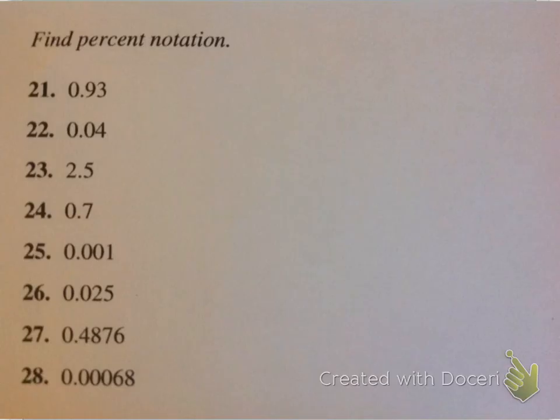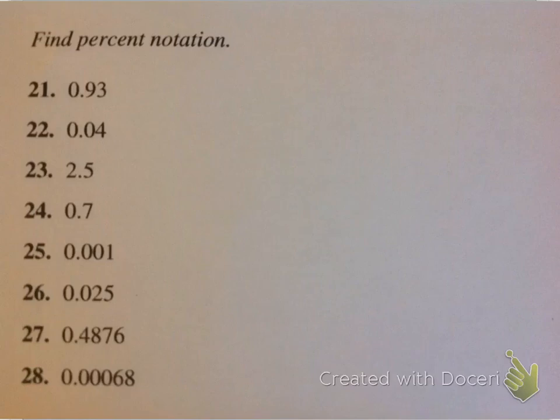Now let's take that idea of moving the decimal point, and what if we started with the decimal and we wanted to go to the percent? Well, if I had the percent and I went to the decimal, the pattern was to move your decimal point 2 places to the left.